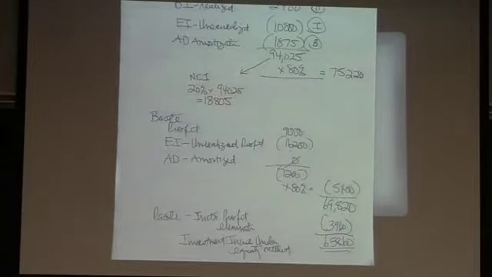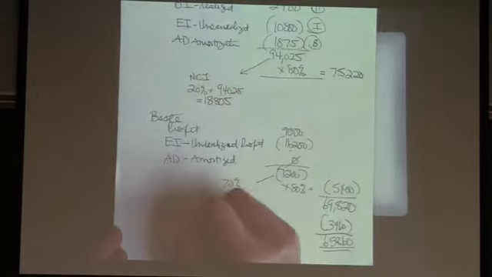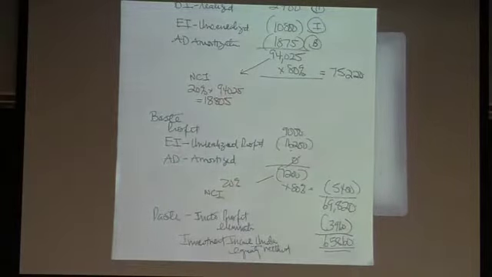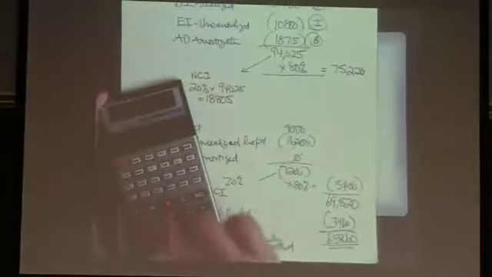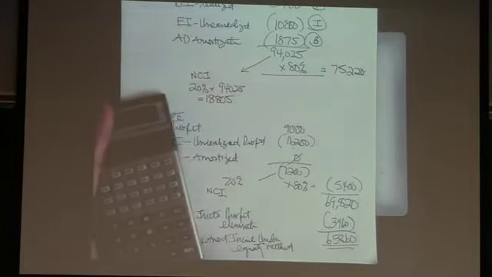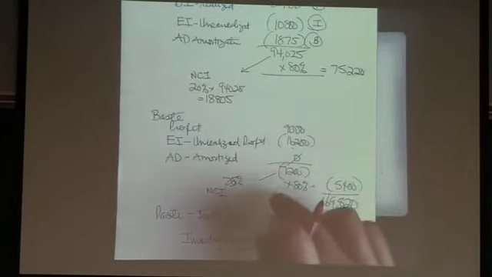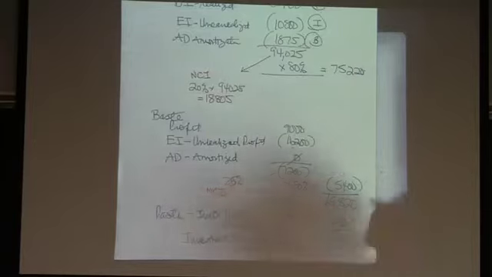Now, how much of this? So 20% of this is NCI, isn't it? So 20% of 7,200 times 0.2. Oh, sorry, it's 25% because we own 70. So this is 75%.